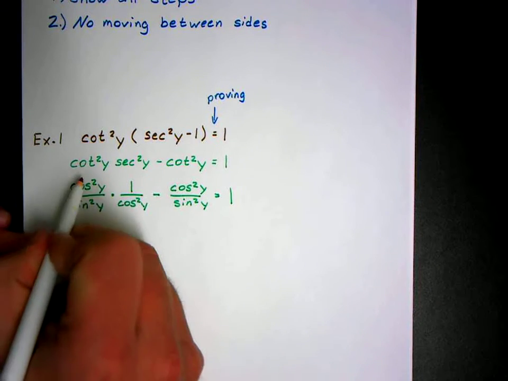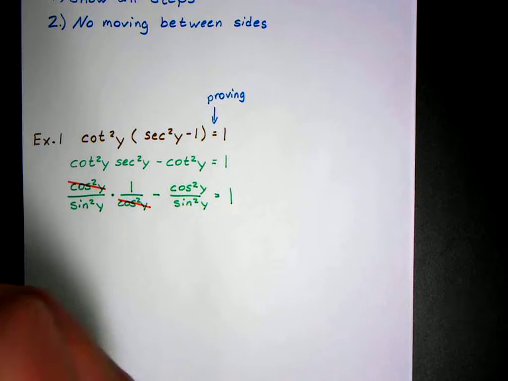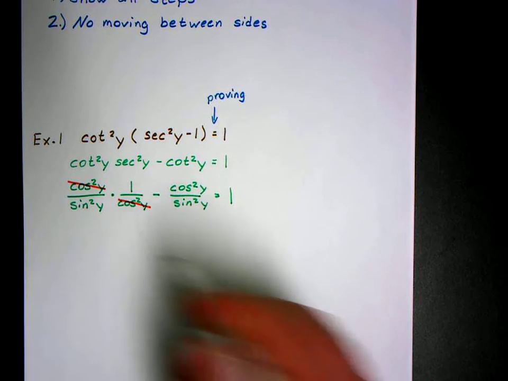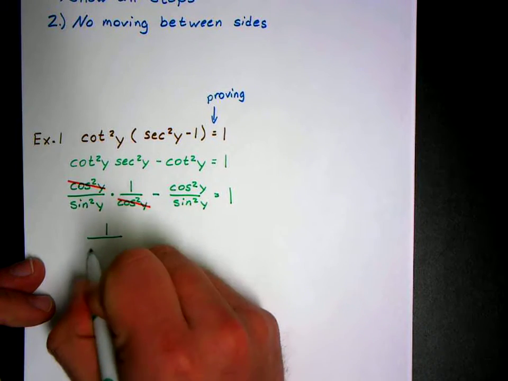Okay, so we can cancel this. Again, don't do more than one step at a time, so once I cancel that, I need to rewrite it.